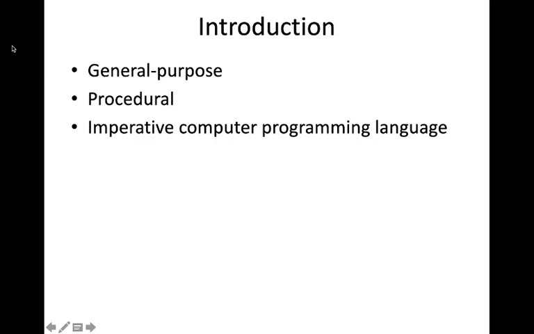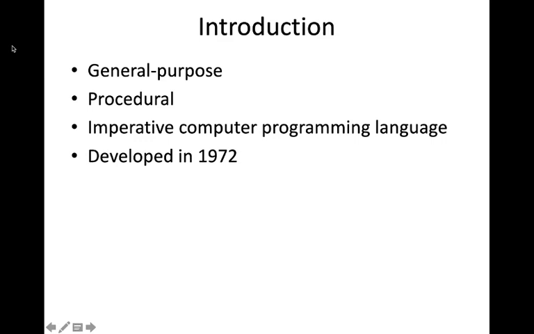If we say get out, some person's mood or state will be changed and he has to go out. Similarly, C is an imperative programming language in the sense that it has some statements which, when executed, will change the state of the program.